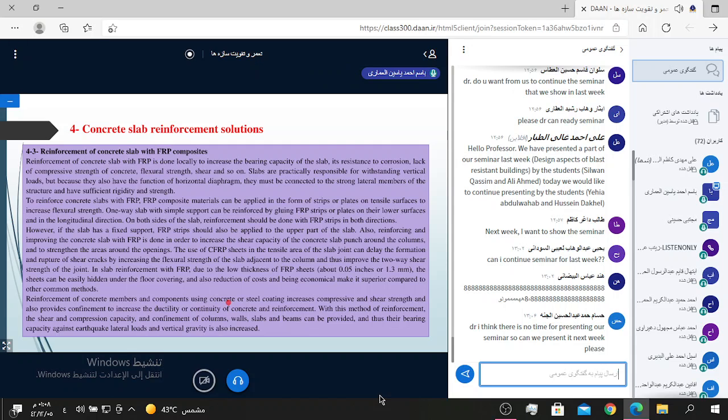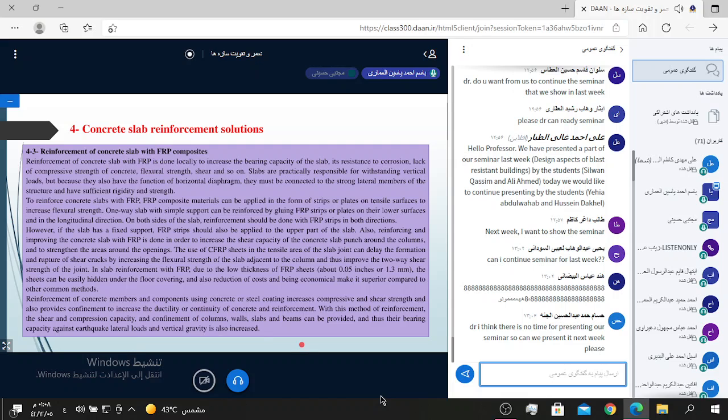Also, reinforcement of concrete slab with FRP is done to increase the shear capacity of the concrete slab around the column and around openings. The use of SFRP sheets in the tensile area of the slab joint can delay failure.